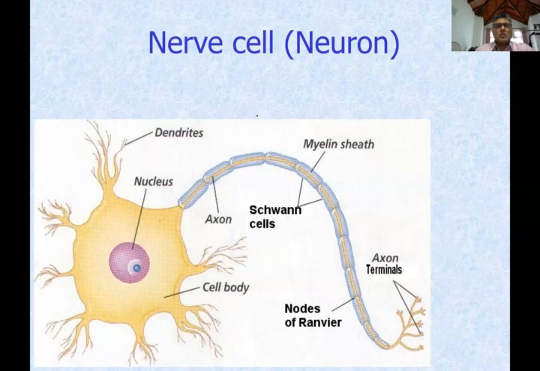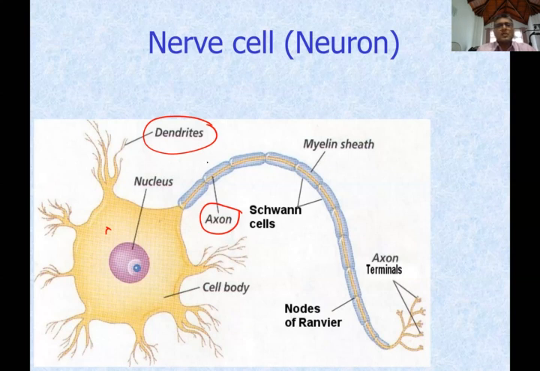Now, when you look at a nerve cell, this is how you see a nerve cell, a neuron. You have a cell body here, and you have the fibers. Fibers are either short fibers called dendrites, or long fibers called axons.